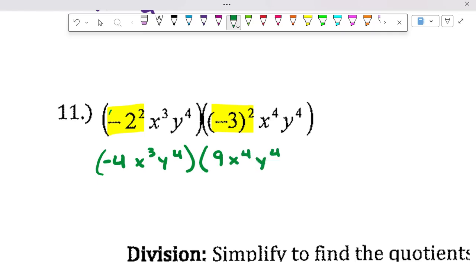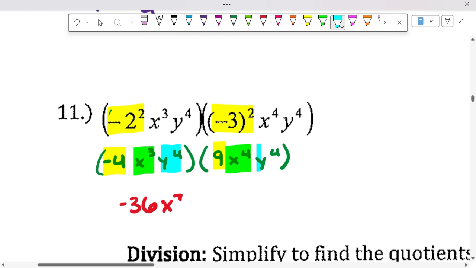So, now that we got rid of the exponents with the numerical bases, now these are coefficients. So now I can do business as usual. So 4 times 9, or -4 times 9, is -36. X's: X to the 7th.